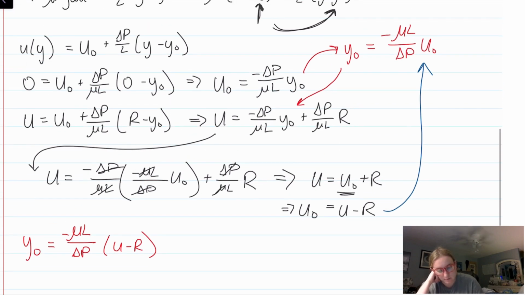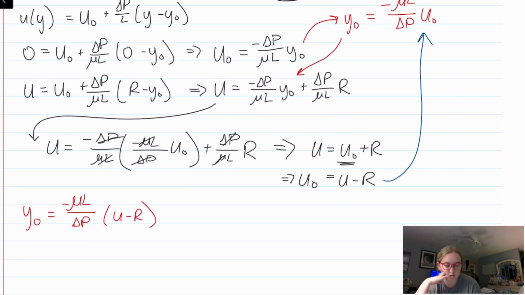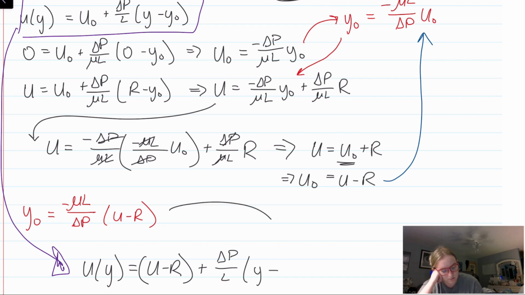And then substituting both of these expressions into our equation for u of y, we would do u of y is equivalent to u naught, which is u minus r, plus delta p over L times y minus y naught, which is negative mu L over delta p times u minus r.